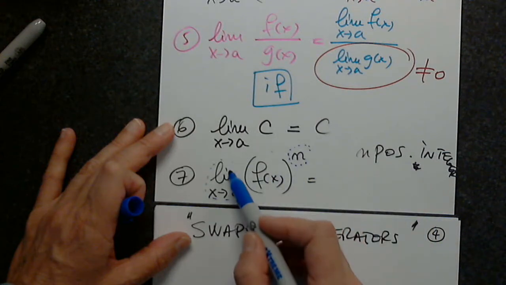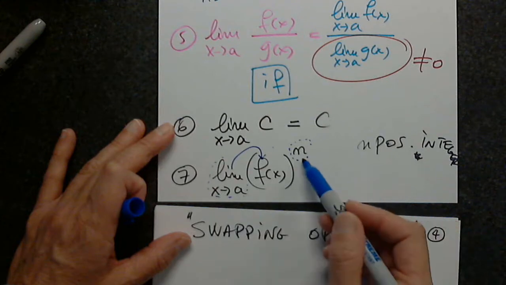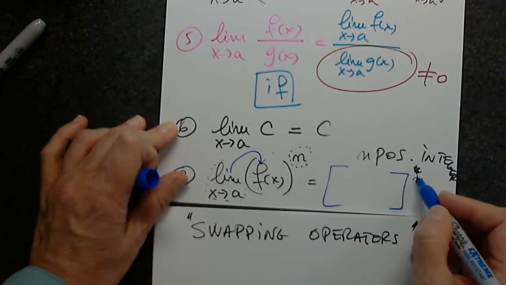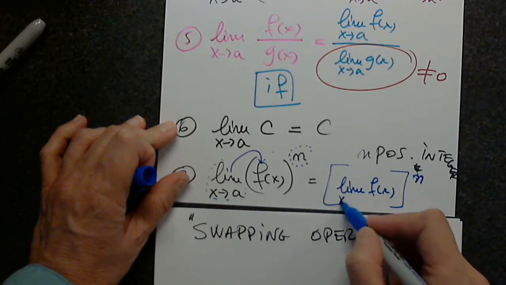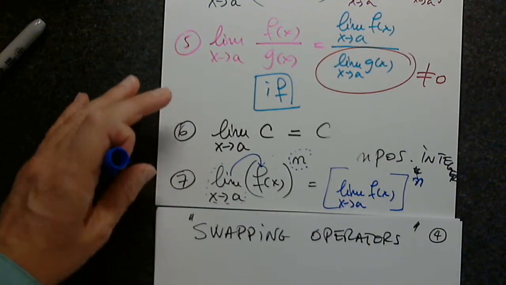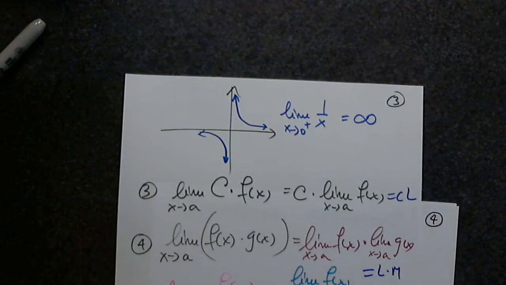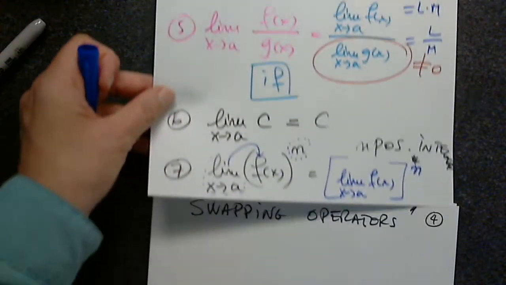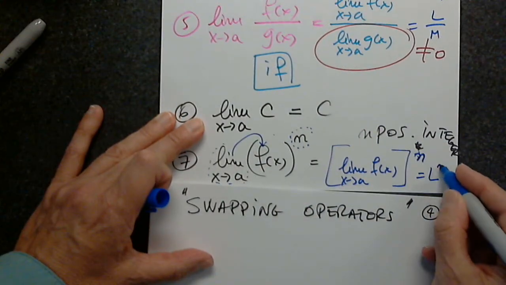I will put this operator inside, and keep this operator outside, meaning the limit of f of x as x approaches a, to the power n. Yes, I'm sorry about that. I should have written here c times L, l times m, l over m, because we know those limits. And yes, I should write here L to the nth power.